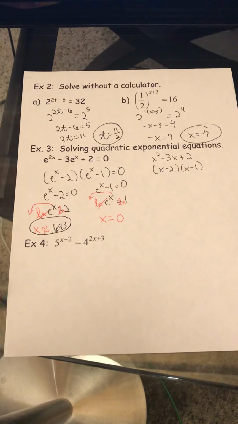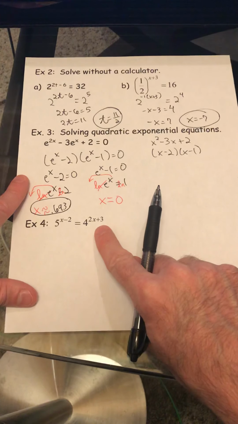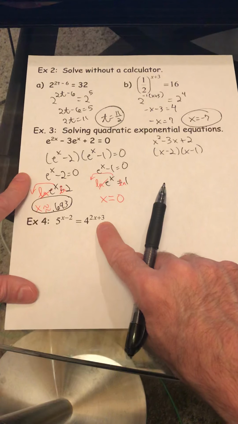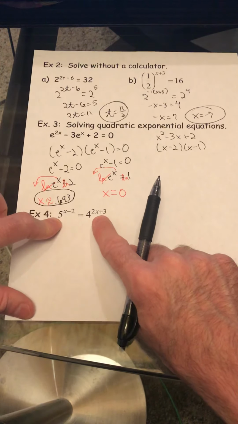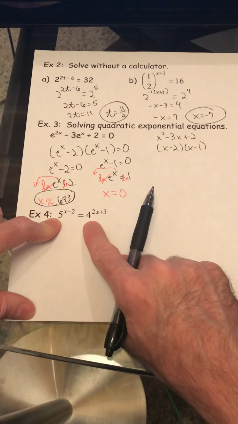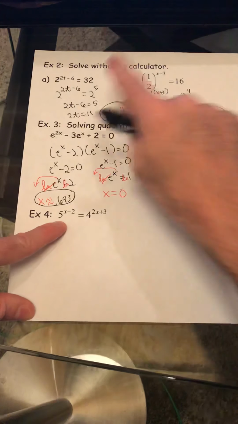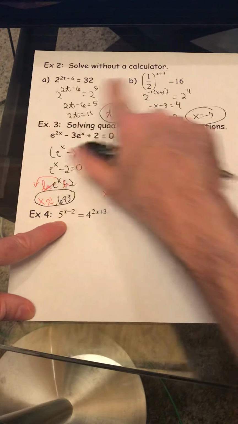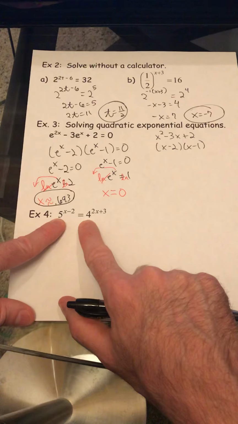All right, one final question. Again, kind of like the one I did on example 1D. This one, unfortunately, is also going to require a little bit of space. So, 5 to the x minus 2 equals 4 to the 2x plus 3. Unfortunately here, we cannot, like in either 2a or 2b, rewrite these as powers of other bases.